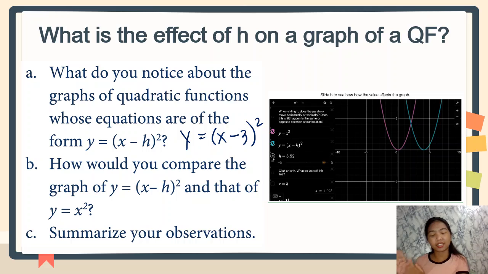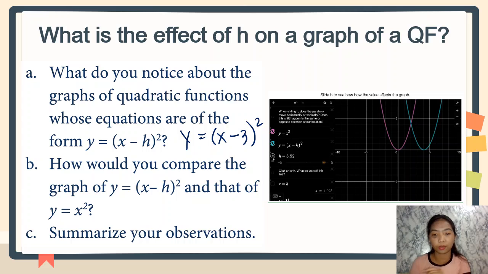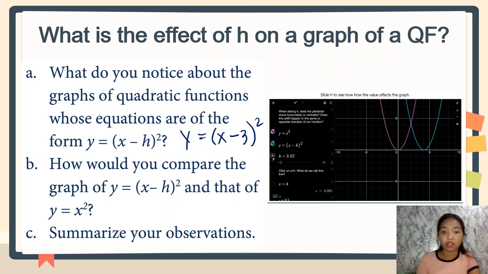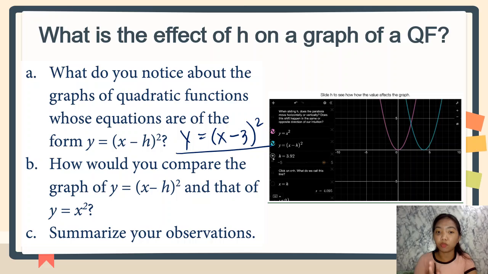There is a certain change in h because of the negative in the formula. So again, if you're in the vertex form and there is a negative before h, the graph moves that many units to the right. Here it's 3, so 3 units to the right.